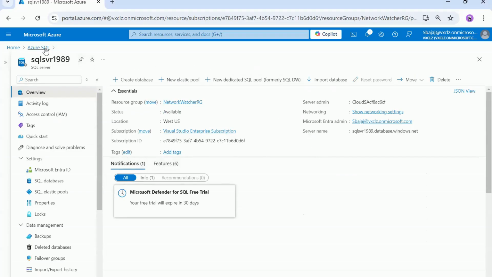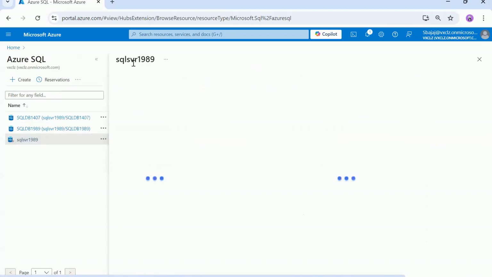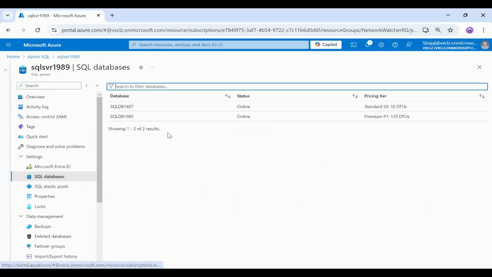So what I have done is I have created an Azure SQL server, which is in West US region. And then I have created two databases in Azure SQL Server. One of the databases is a standard pricing tier and the other one is using premium pricing tier because that is what was done in our question.